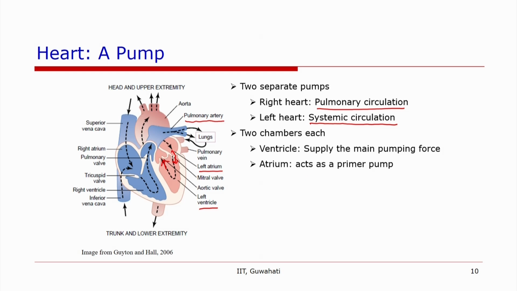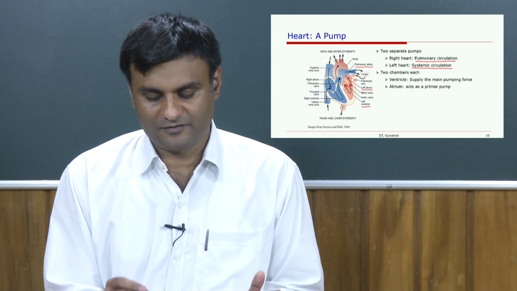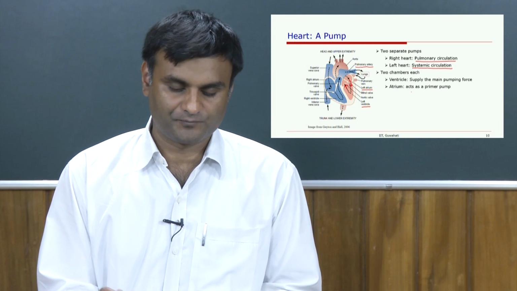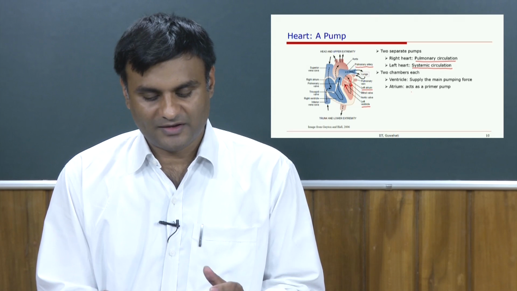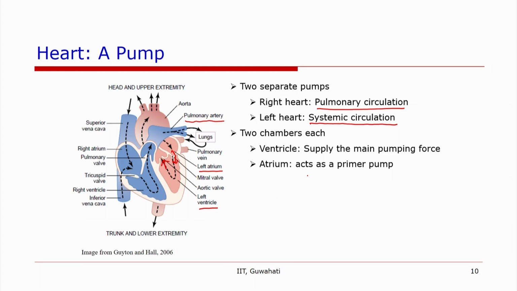So, when the left ventricle is supplying blood to the aorta, or to the body, the atrium collects blood, and when the entire blood is ejected during the relaxation process, it again fills the ventricle. A similar function is done by the right heart.